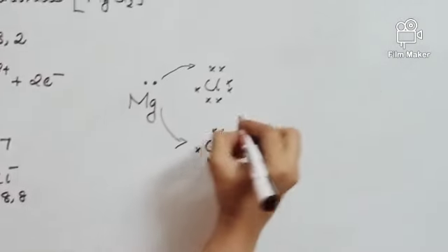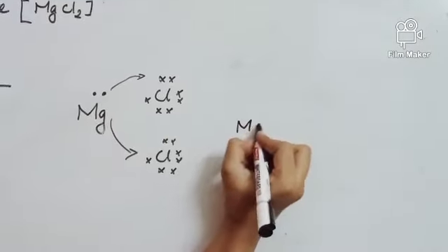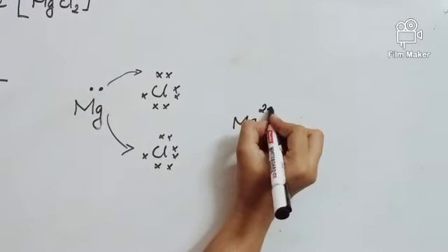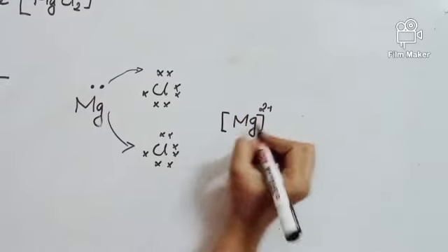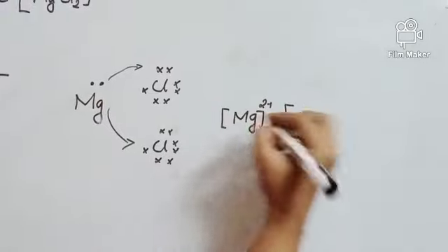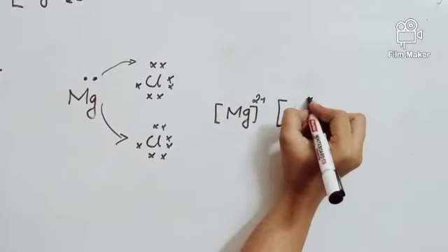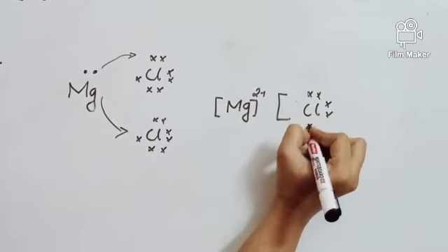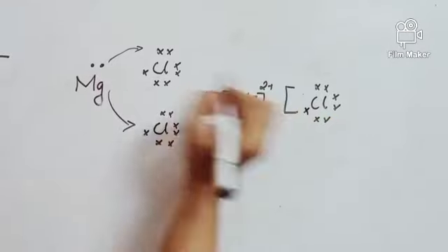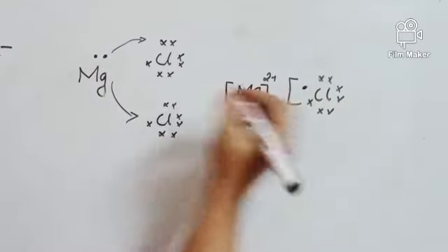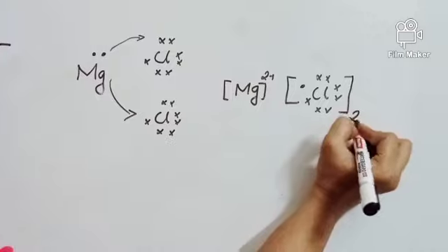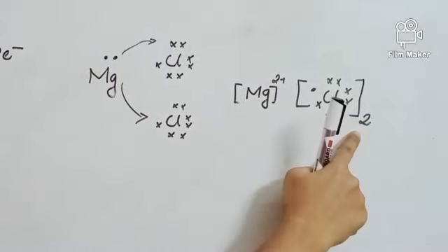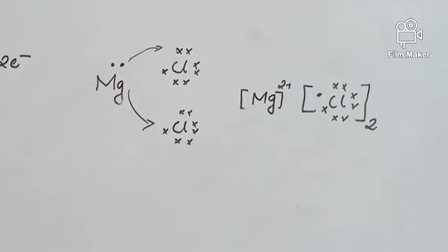So it becomes Mg2+, and the 2 chlorine atoms, each with 8 electrons, together we can write as Cl2. So MgCl2 is the formula of magnesium chloride.